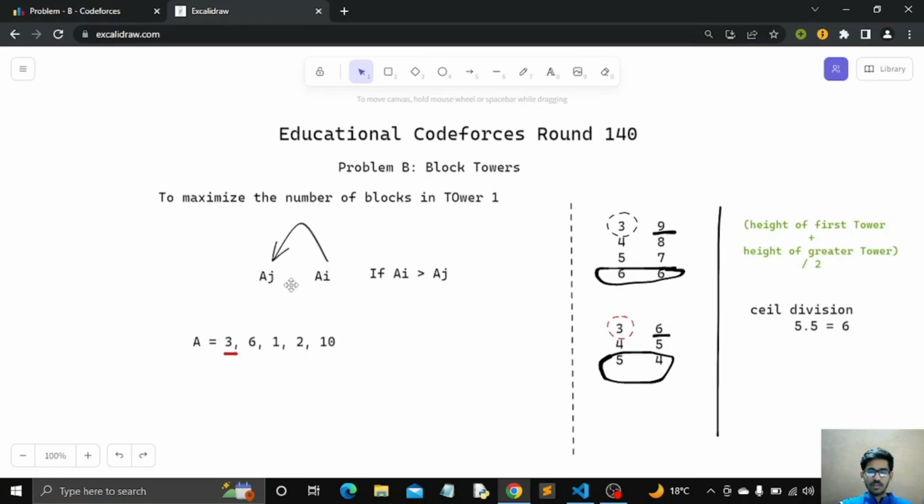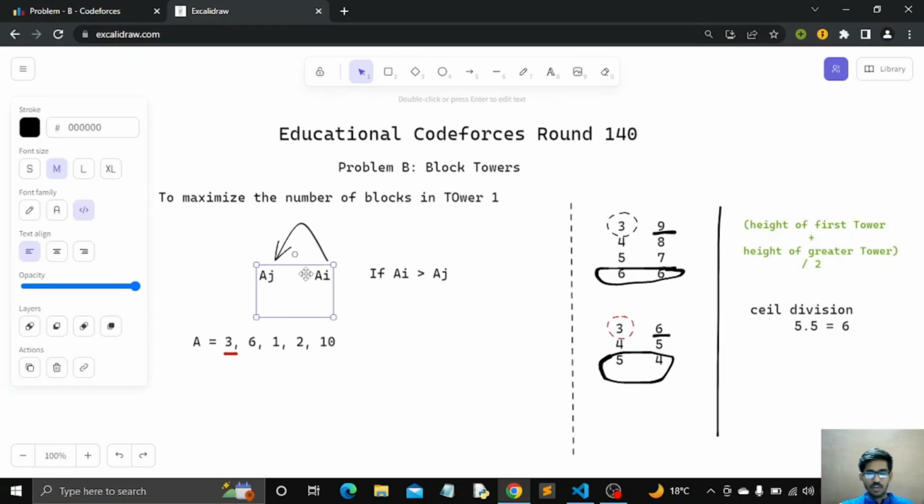In each operation, we select two towers, and let's say their heights are a_i and a_j. If a_i is strictly greater than a_j, then we can transfer blocks to tower j until the height of tower j becomes greater than or equal to the height of tower i. This is the operation defined in the problem statement.